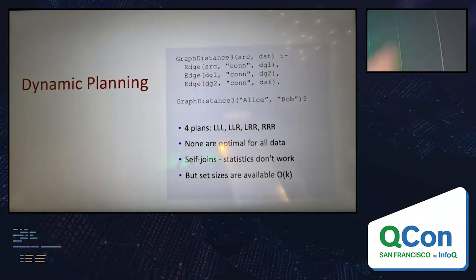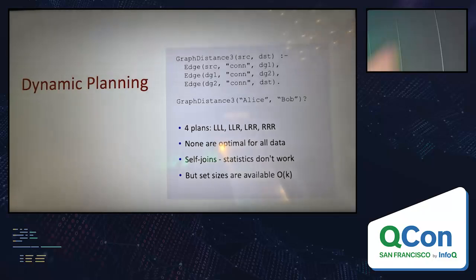There are only 4 possible plans in a sequential world. I can go left, left, left from Alice. I can go left, left, right. I can go left, right, right, or I can go right, right, right. Those are the only ways you can do this query.